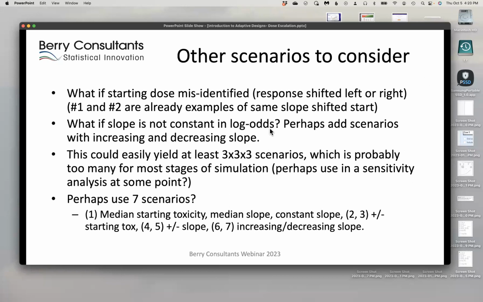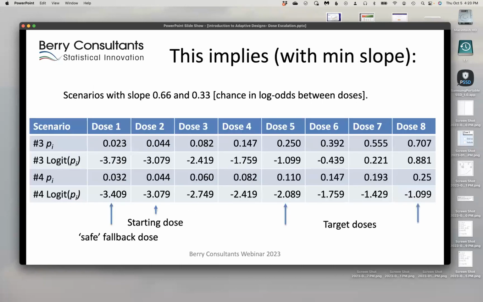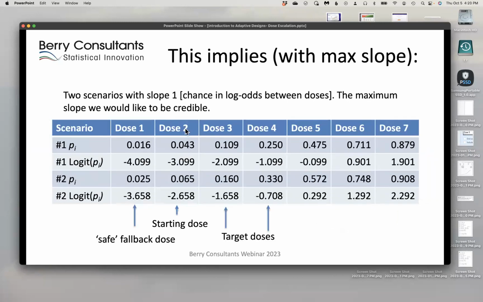So almost a minimum set of scenarios, you could imagine, by saying, well, in this scenario, we might misidentify the strength of the starting dose, a bit like we do in this example here, where we've got a log odds difference of about 0.03.